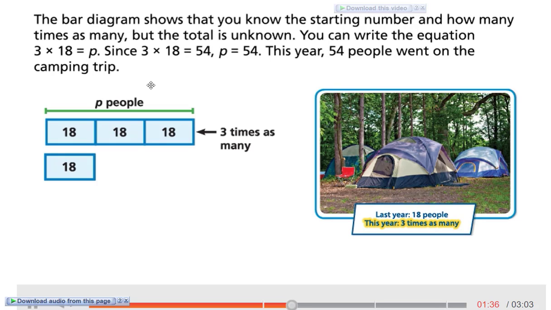The bar diagram shows that you know the starting number and how many times as many, but the total is unknown. You can write the equation 3 times 18 equals P. Since 3 times 18 equals 54, P equals 54. This year, 54 people went on the camping trip.